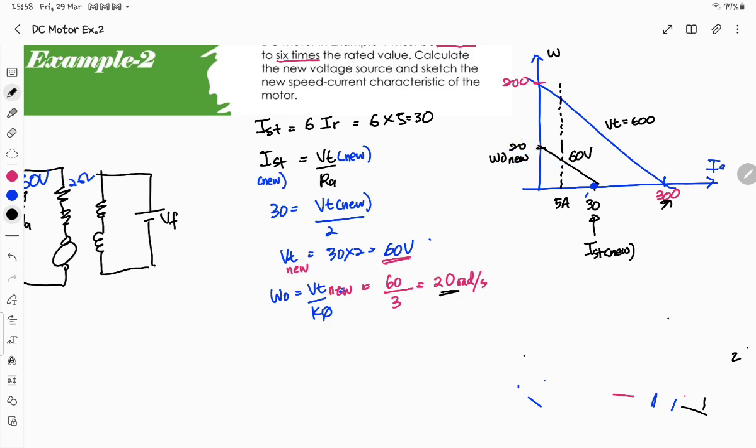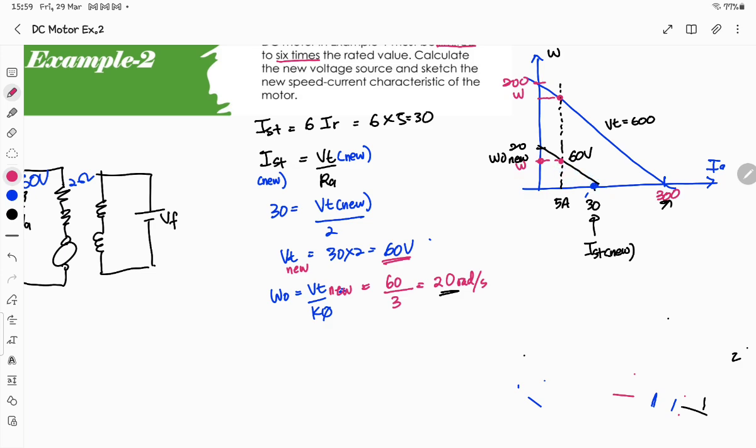Originally this is your motor speed, and if you reduce the terminal voltage, the starting current will be reduced, as well as the motor speed, to this point. You have to look at the line that crosses with the slope, that is your motor speed.